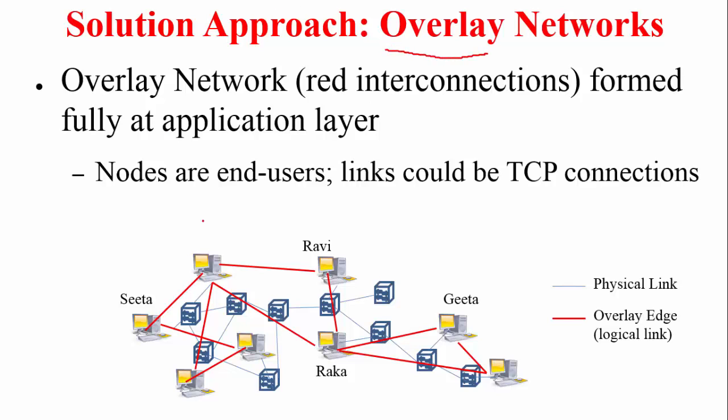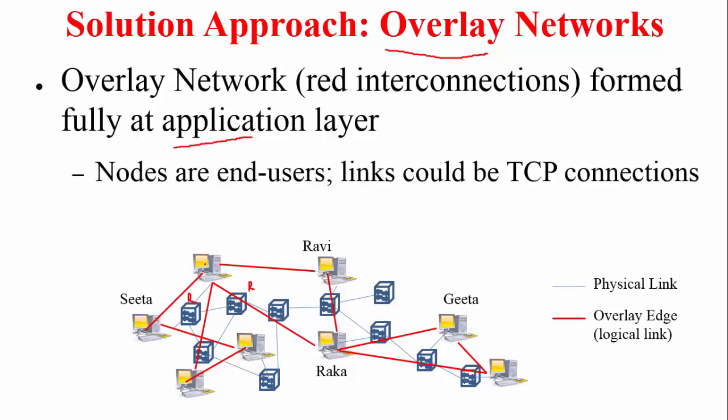So if you see here, these are the routers that are interconnecting these peers. Basically, this is the internet that is interconnecting all these users. And we are now going to overlay a network on this internet. And this network is fully formed at the application layer.